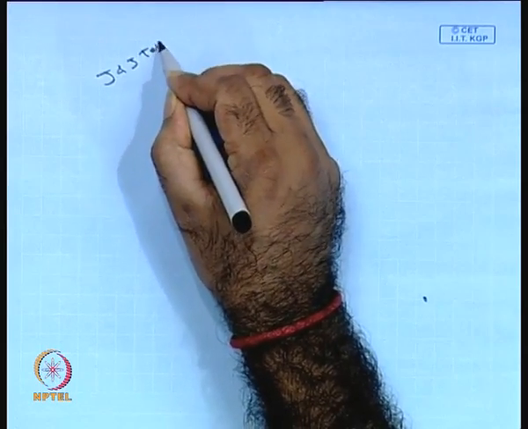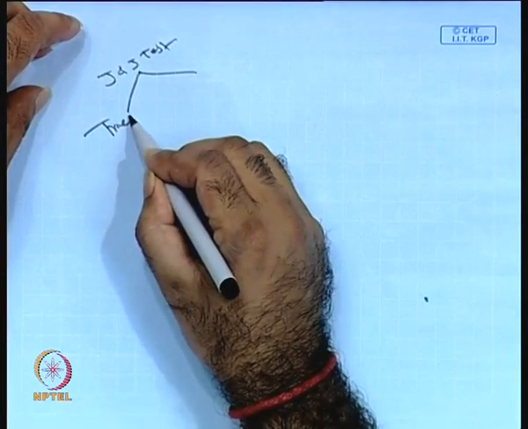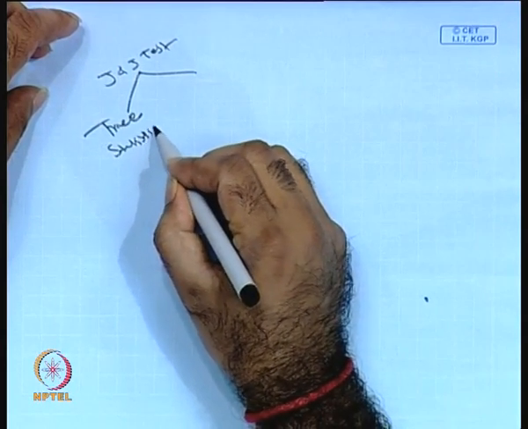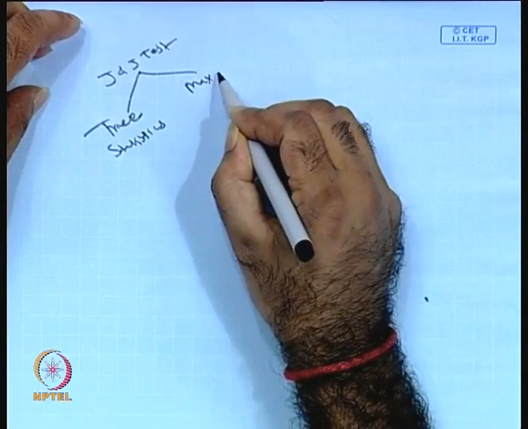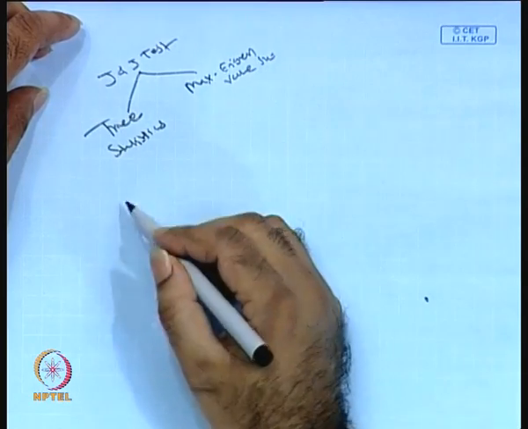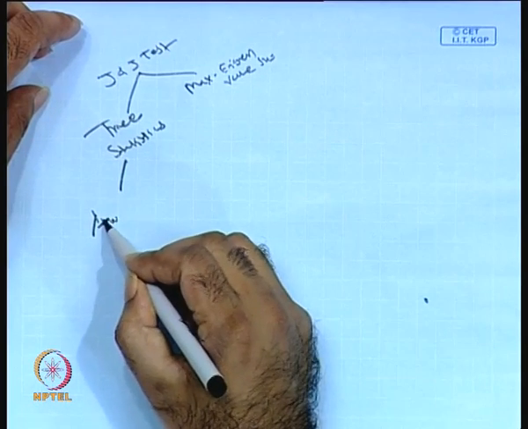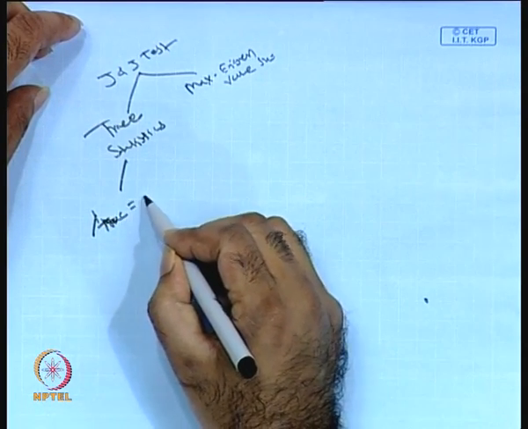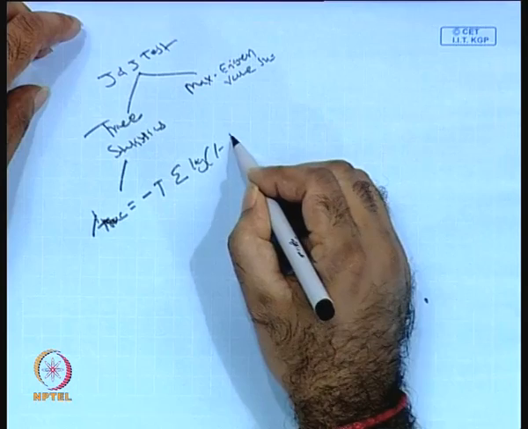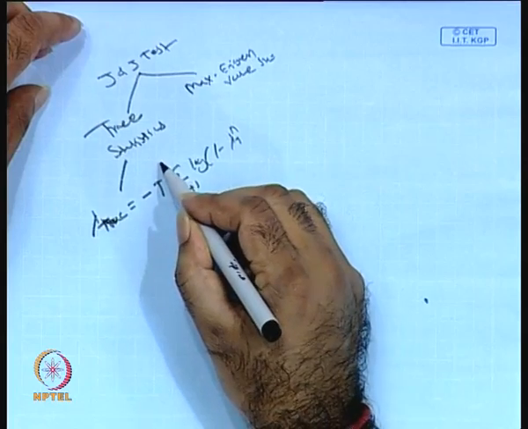Another advanced test is called the Johansen and Juselius test, the JJ test. Basically, this test deals with two statistics. One is called the trace statistic, another is called the maximum eigenvalue statistic. The trace statistic is denoted as lambda trace, equal to minus T summation log(1 minus lambda_i hat), i equal to r plus 1 to n.